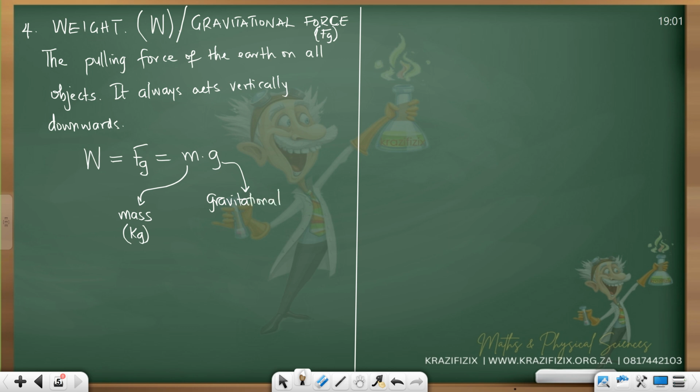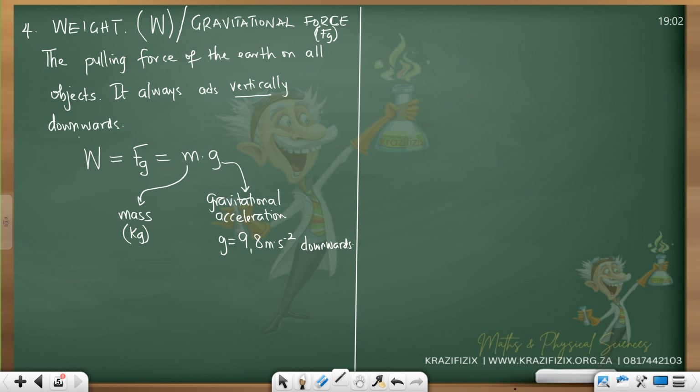It is gravitational acceleration. And this g is 9.8 meters per second squared downwards. So g is always acting vertically. Please take note of that word. It acts where? Vertically what?